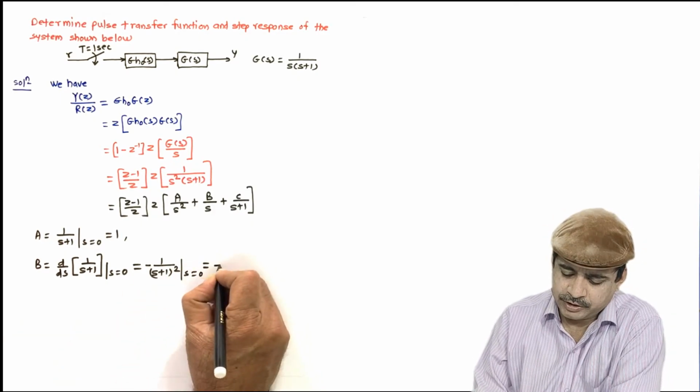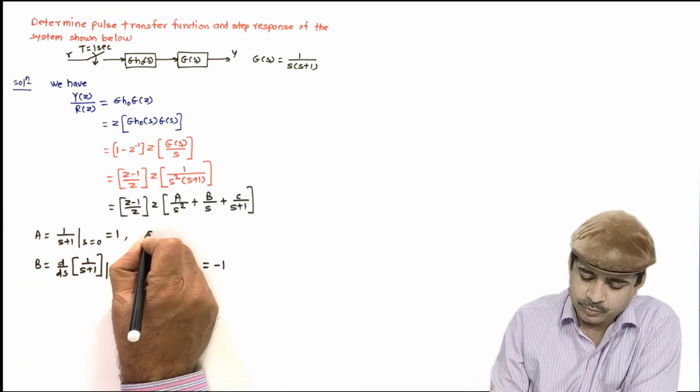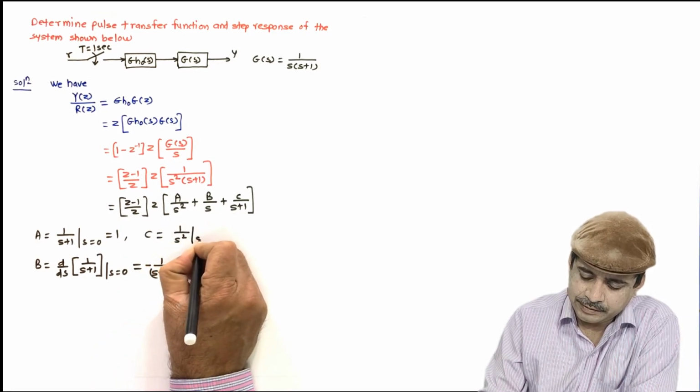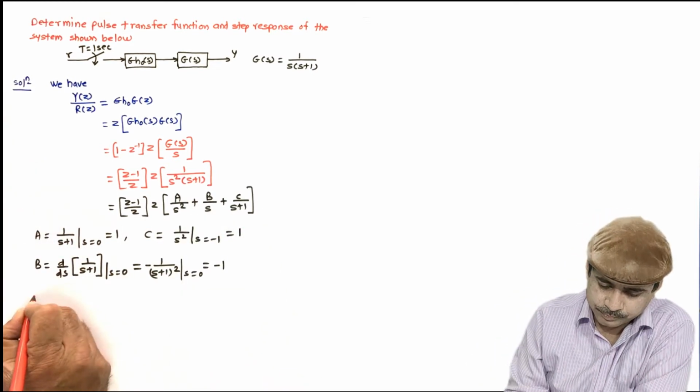If I put here 0, it's minus 1. And then C is equal to 1 upon s square at s equal to minus 1, that is 1.